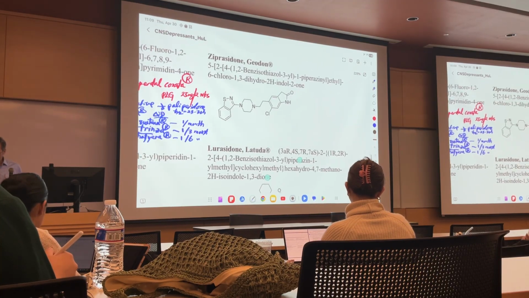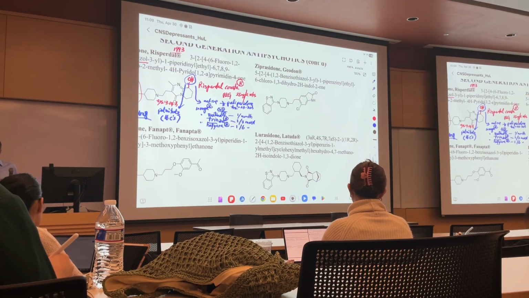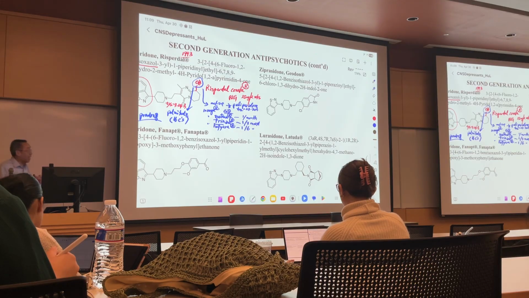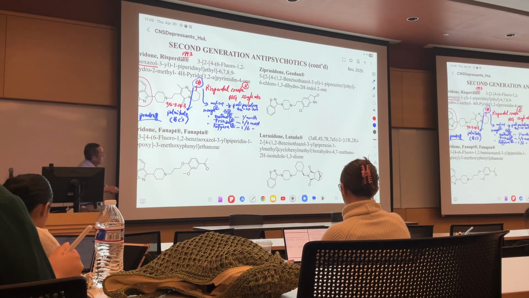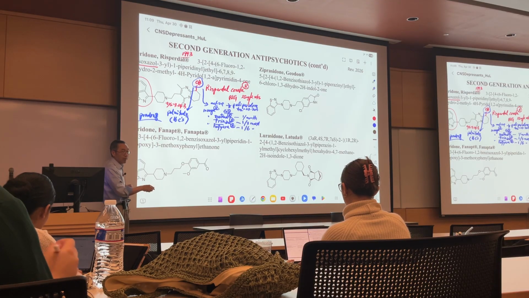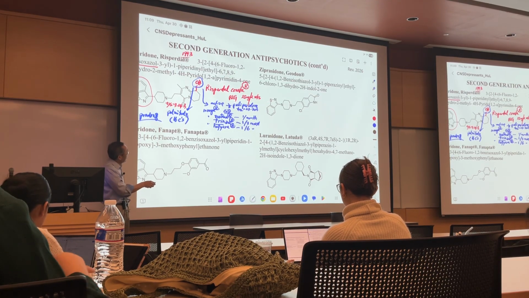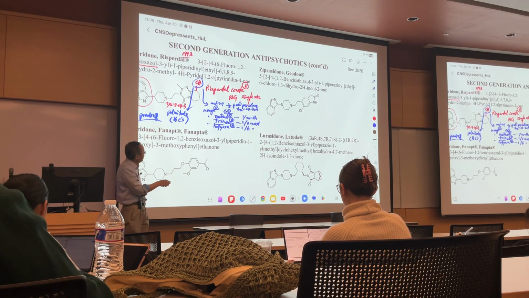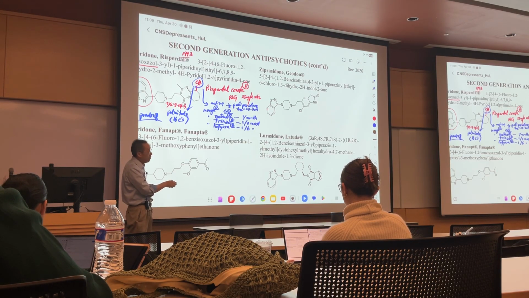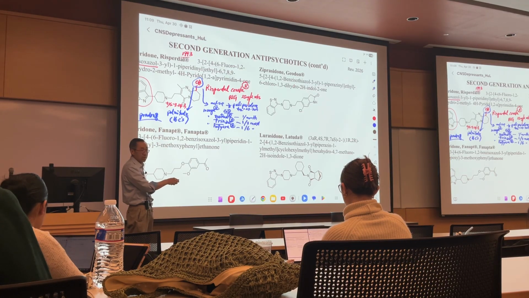So the next two drug molecules belong to, again, a similar class. On the left-hand side, instead of the benzoisoxazole, you have sulfur and nitrogen in it. Instead of benzoisoxazole, now it's benzisothiazole.